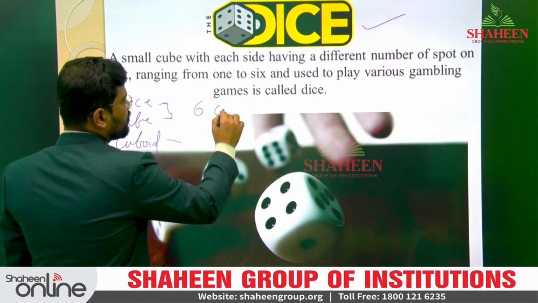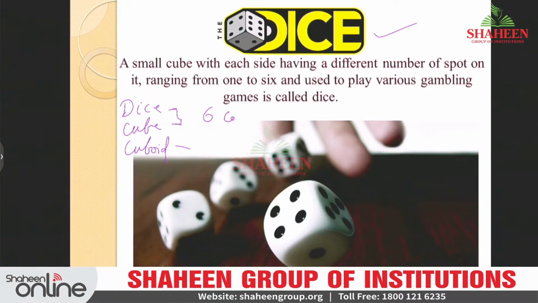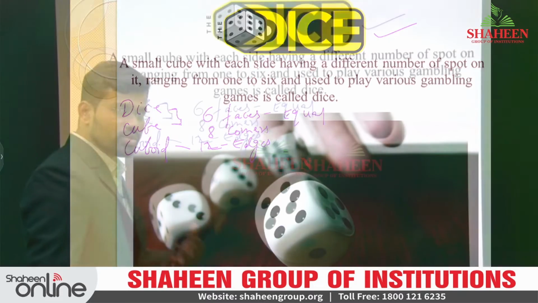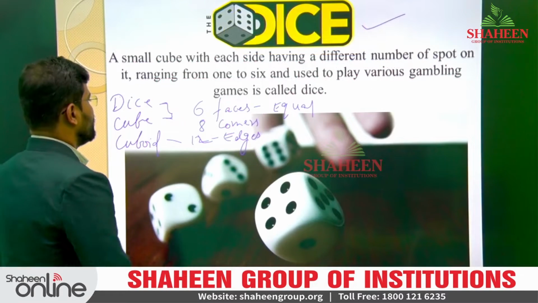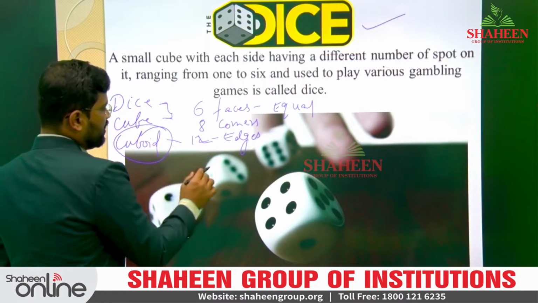We have six faces, 8 corners, 12 edges, and these six faces are all equal. It is nothing but square in shape. When it comes to cuboid, it is a rectangle.